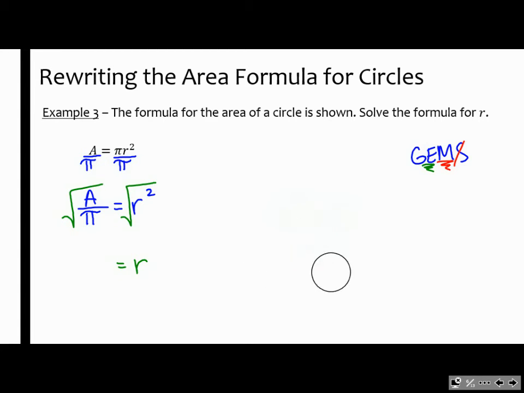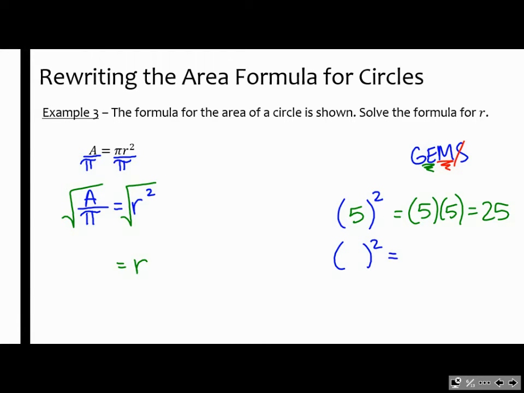Another thought. If I have a number squared, I could do, say, like 5. 5 times 5, which is what this means, equals 25. I want to remind you that when you square a term, when you use a negative value, you can also get the same answer.